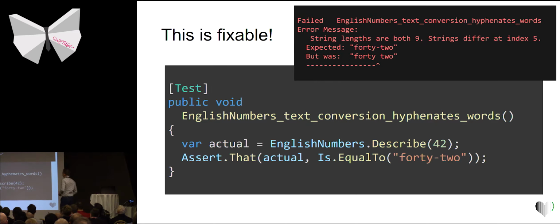And now the failure is much more useful, infinitely more useful, because now NUnit tells us that the expected was 42 with a hyphen, whereas the actual value was 42 without the hyphen. So now we know exactly where the problem is. Whereas before, it could have been anything. We might have gotten an empty string for all I know. So this is way more useful. And now we can fix this easily with little effort.